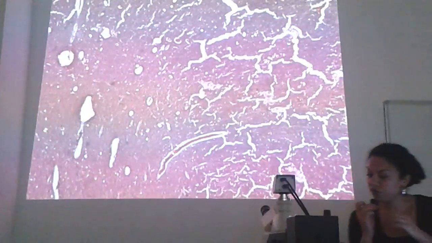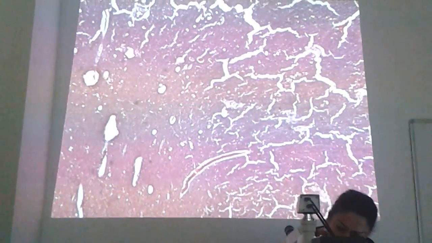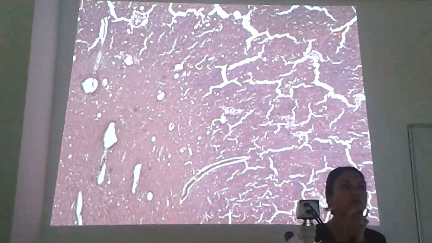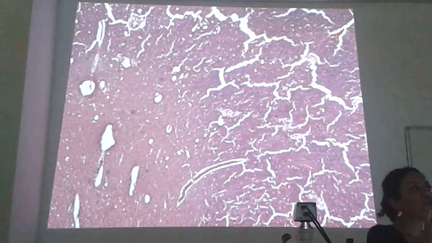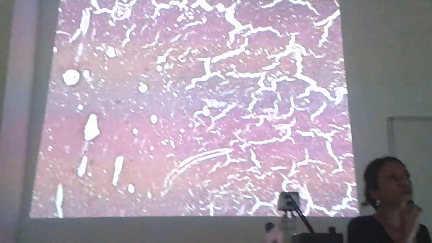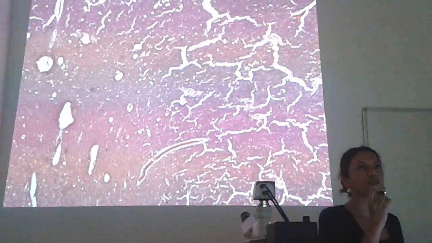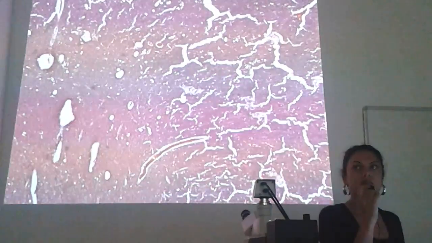So the first slide is cerebrum and cerebellum. As you have learned in your lectures, the central nervous system is composed of the brain and medulla spinalis.